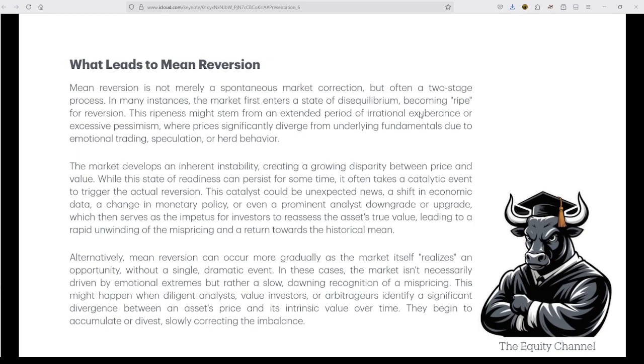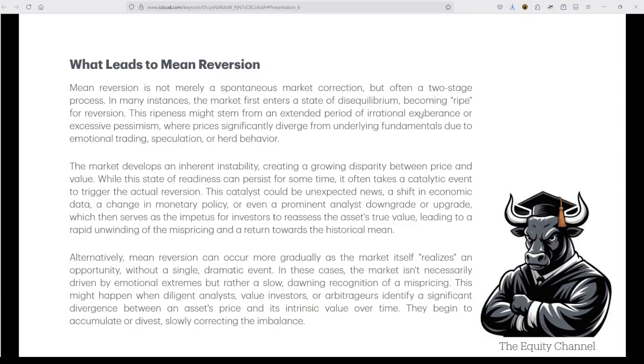Now, just because that thing happens does not mean that you're all of a sudden going to have a mean reversion. All right? That ripeness might stem from an extended period of irrational exuberance or excessive pessimism, where prices significantly diverge from underlying fundamentals due to emotional trading, speculation, or herd behavior. Right? AKA crowded trades. We've talked about that in the past.